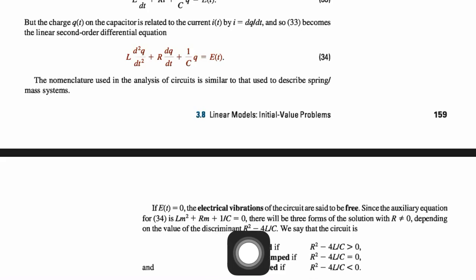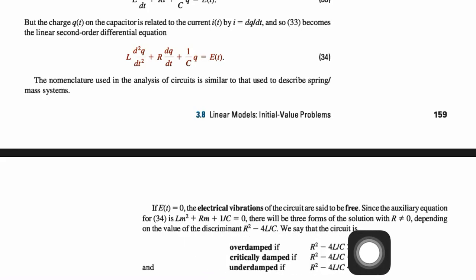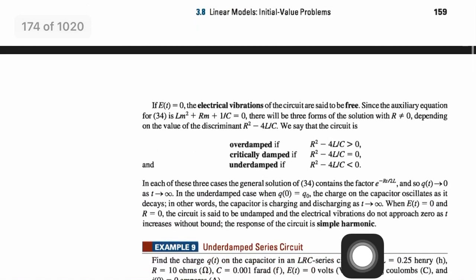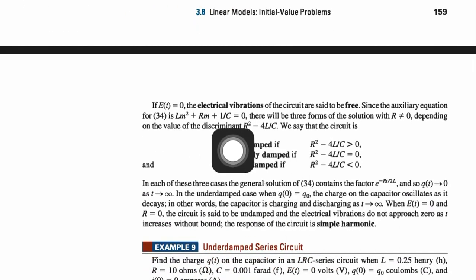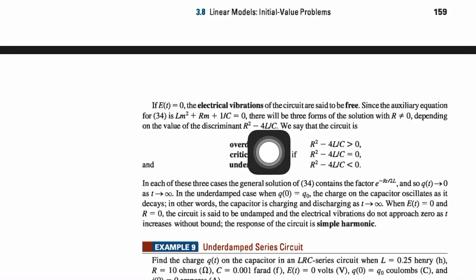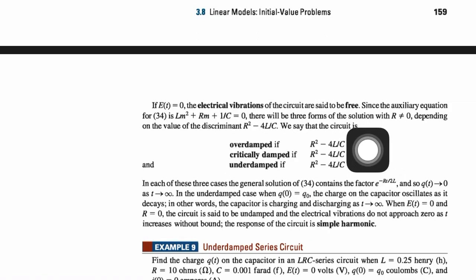The discriminant in this case is R square minus 4L over C. The circuit is overdamped if R square minus 4L over C is greater than 0, critically damped if this equals 0, and underdamped if it is less than 0. So these three are the cases here.